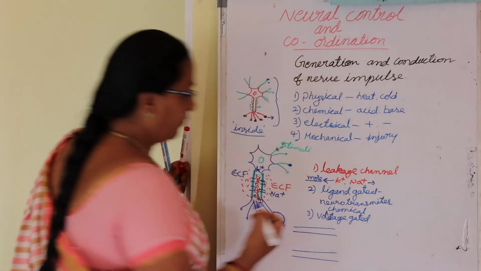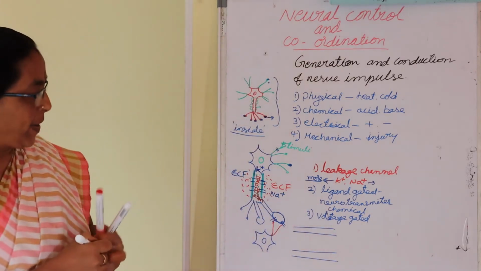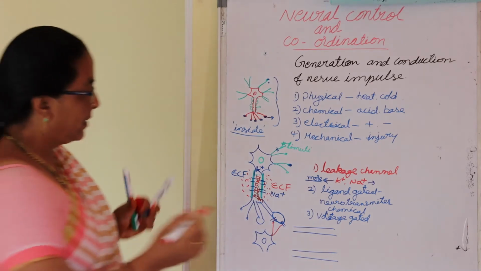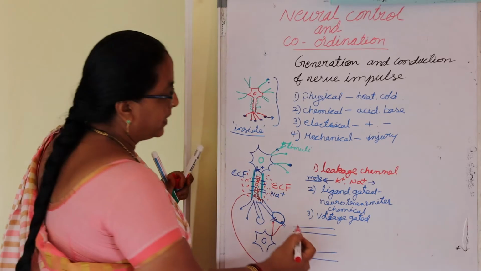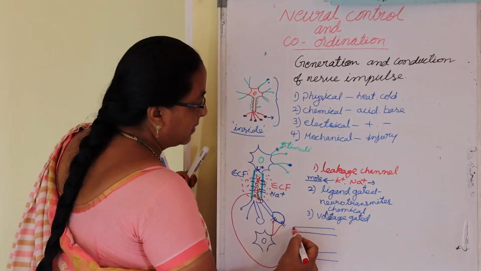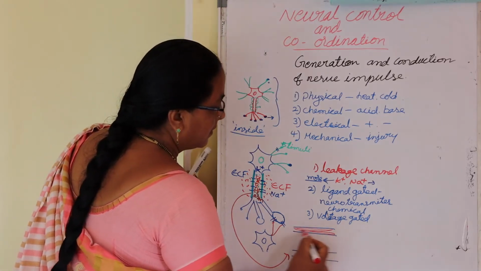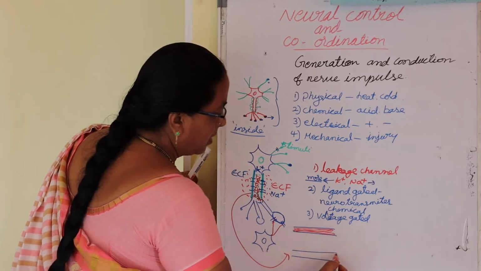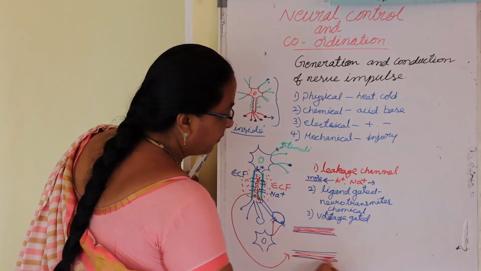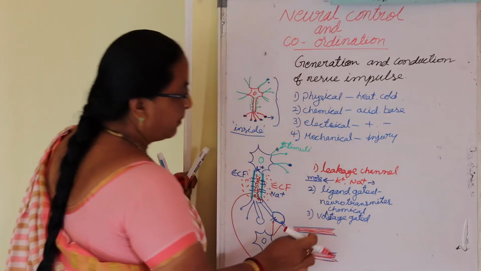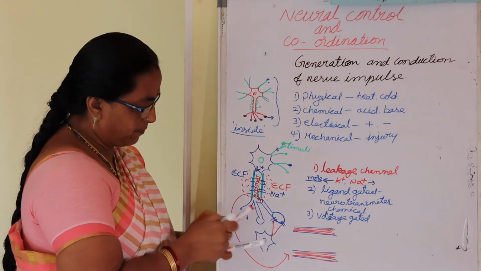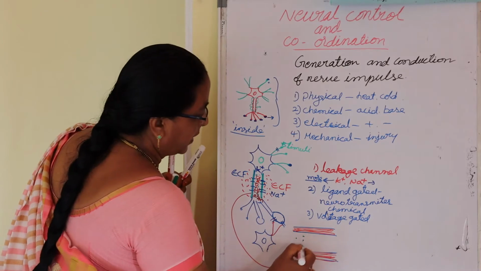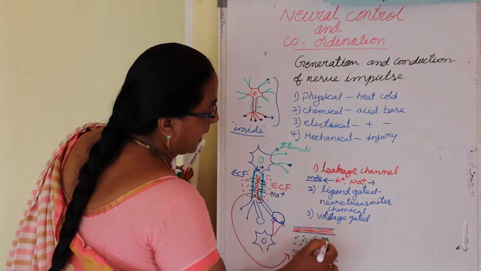These two are membranes, indicated by the green color portion, and this is the neurolemma, axolemma, and between this there is a fluid-filled plasm, that is axoplasm.